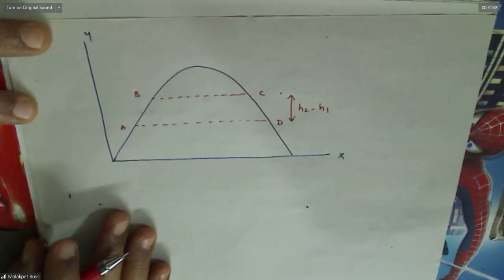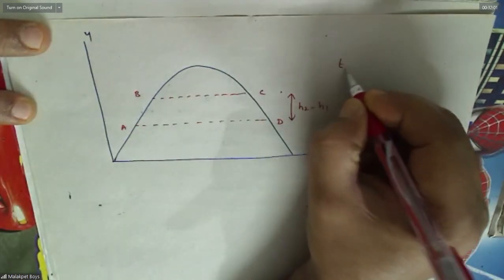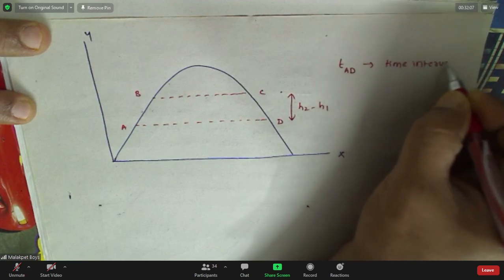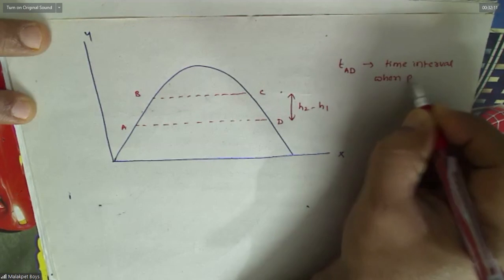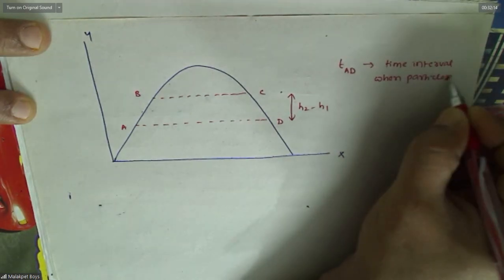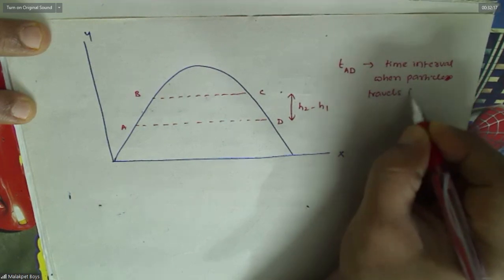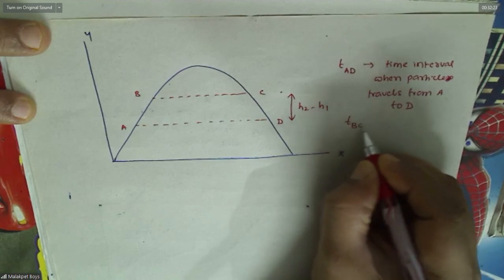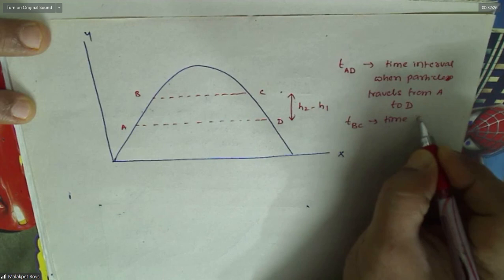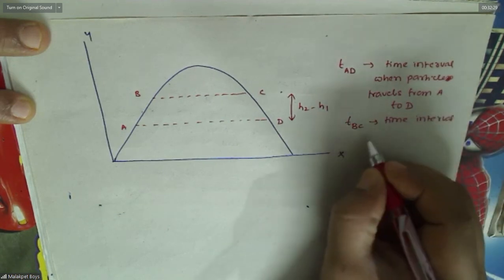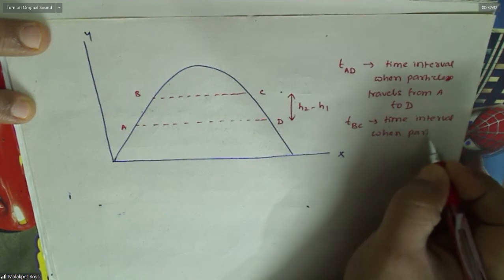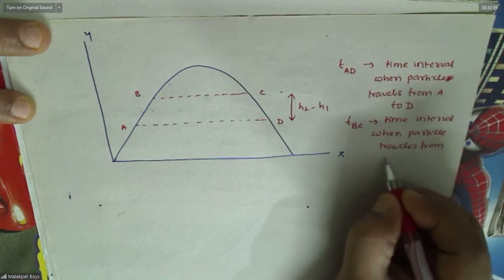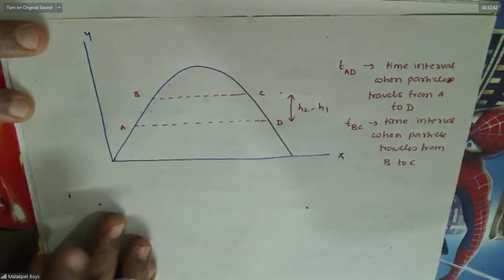Now he gave that T AD, the time interval when the particle travels from where to where. Similarly, okay, now find.